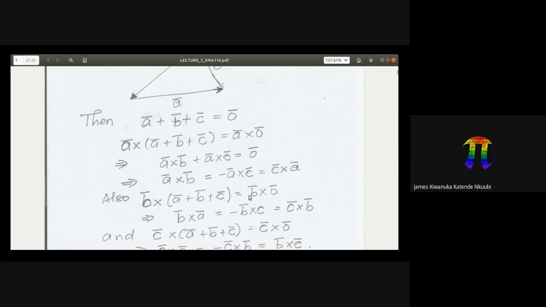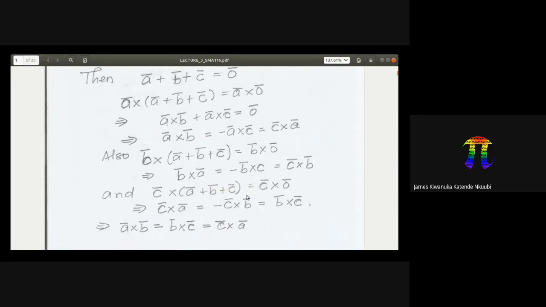With the same ideas, we can now cross both sides of this equation with B. When we do that, we end up with the conclusion that B cross A is the same as minus B cross C. But we know from the properties of a cross product, minus B cross C is the same as C cross B. We do the same for C. We take the cross product of C with both sides of this equation.